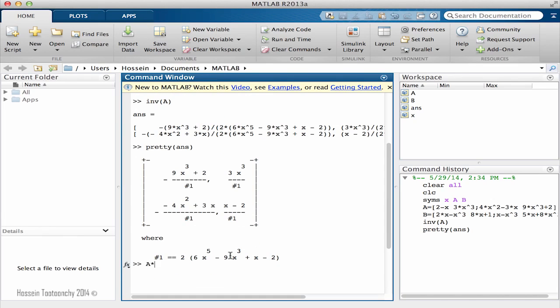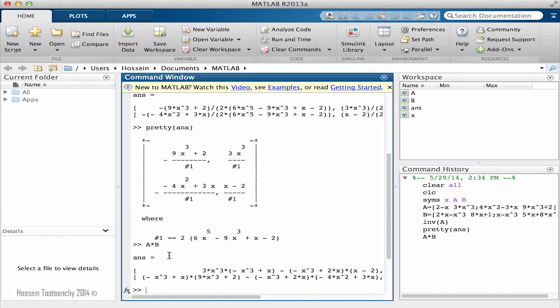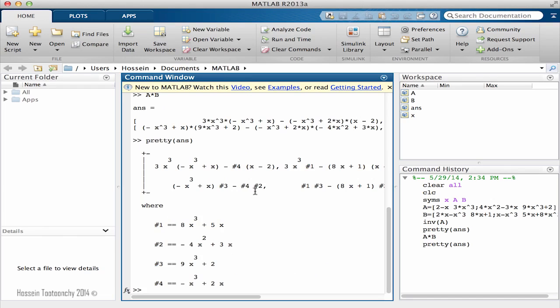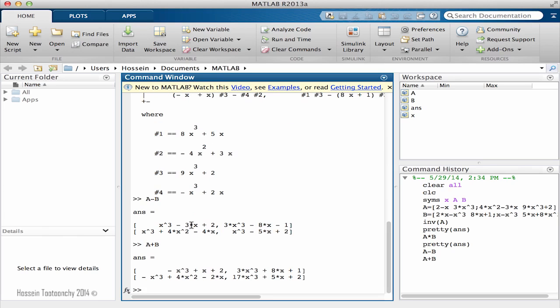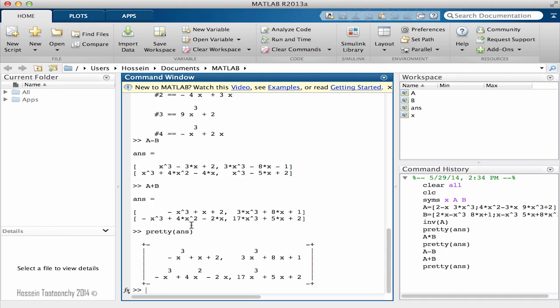Also, we're able to calculate the multiplication and pretty. Just the multiplication is shown, and all the operations that we learned throughout the course, we can just subtract them. We can make the summation like that. And as you see, we could get the results very easily.